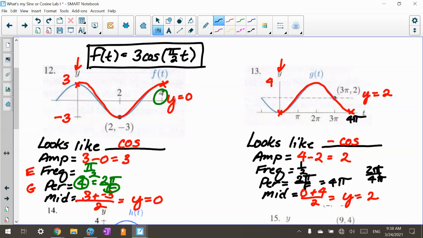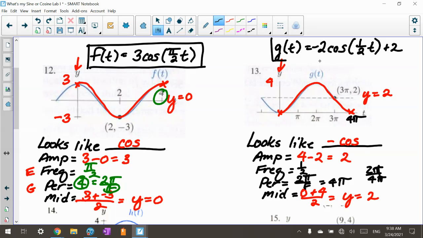Okay, so now here's my equation. This one's g of t equals my amplitude, but don't forget the negative, so I have -2 cosine. My frequency comes next, my variable, which is a t, and this one has been raised up 2.